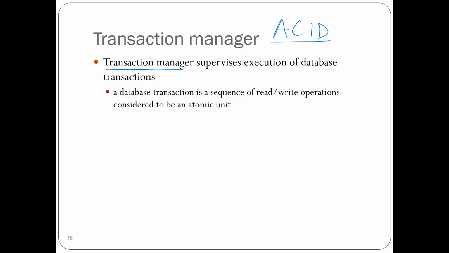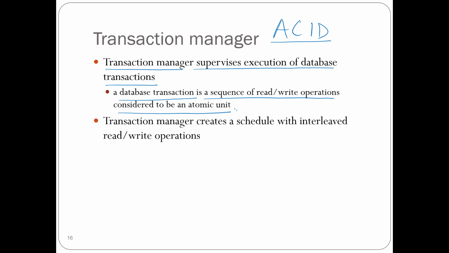So the transaction manager supervises execution of database transactions. As we have seen, a database transaction is a sequence of read and write operations which are considered to be an atomic unit. That means either it will happen or it will not happen at all. So the transaction manager has to create a schedule.